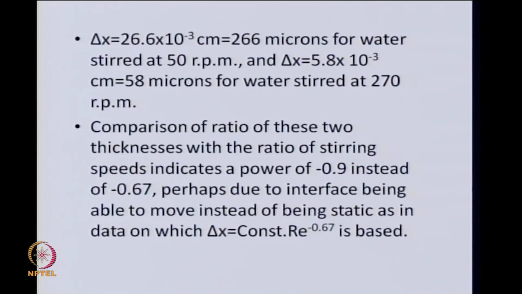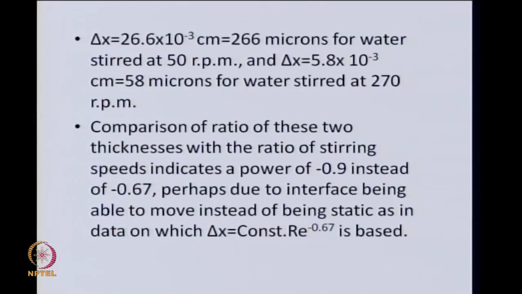But if you take the ratio of these thicknesses and the stirring powers, then you find something interesting. The power is not the expected minus 0.67 as we had seen for the Reynolds number raised to minus 0.67. Instead, the power comes out to be about minus 0.9.